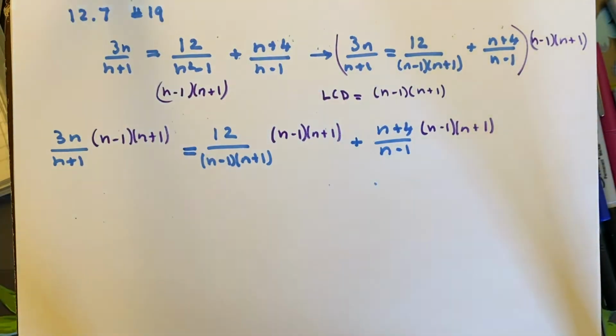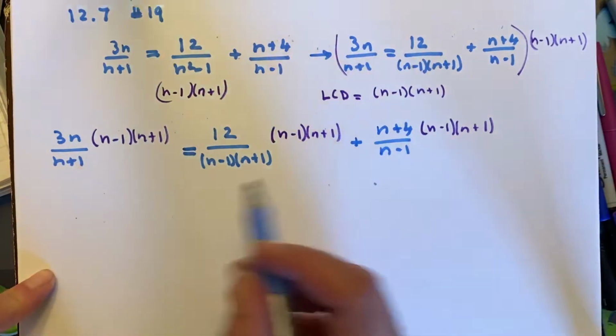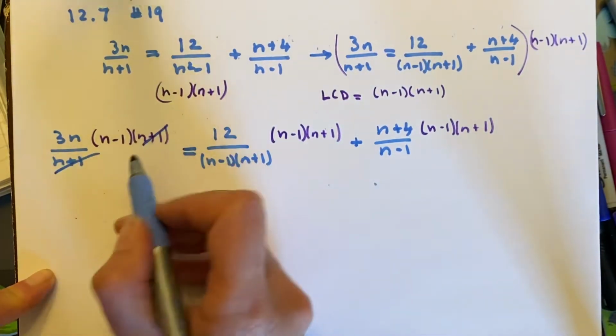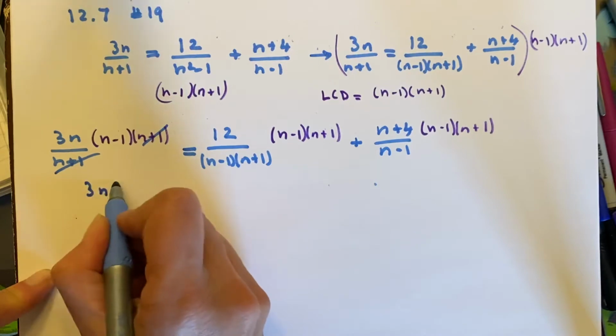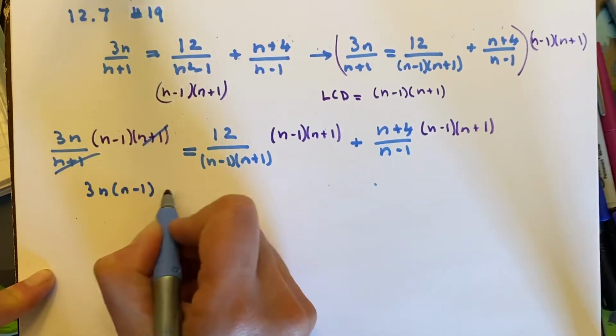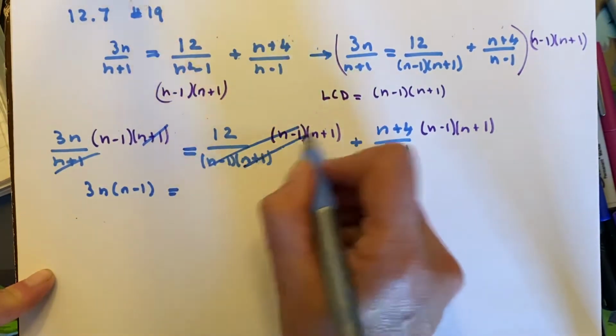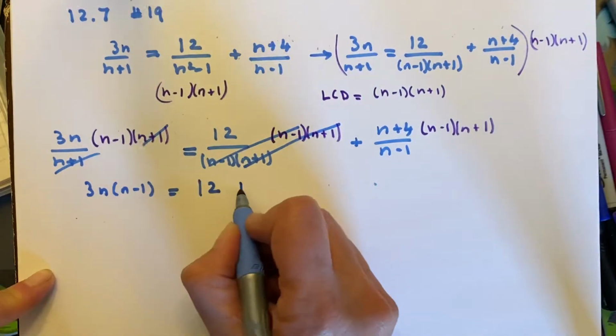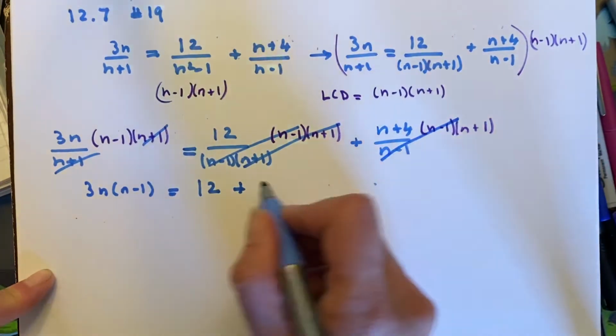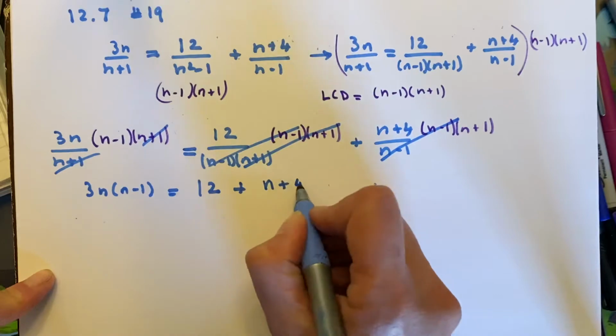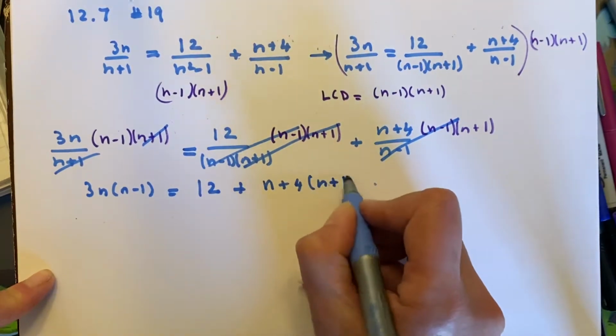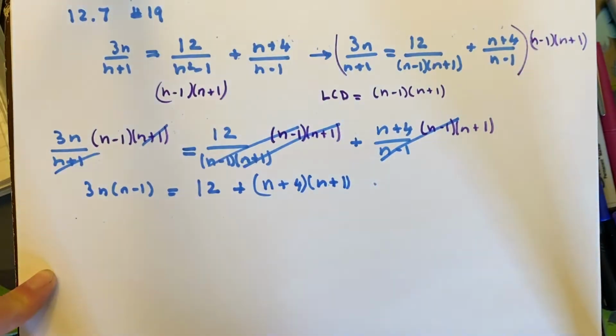So you can see I've distributed my LCD to every single term. I can cancel this and I end up with 3n times n minus 1 equals, I can cancel both of these, 12 plus, I cancel the n minus 1s, n plus 4, n plus 1. Well, I've cleared my fractions.